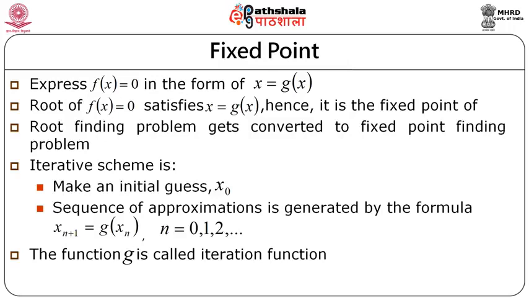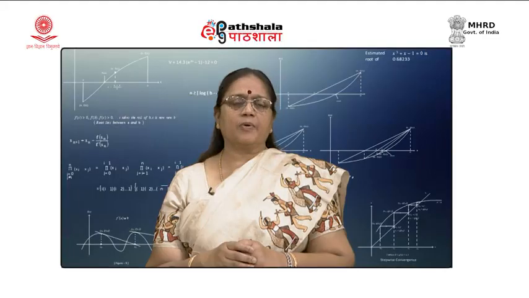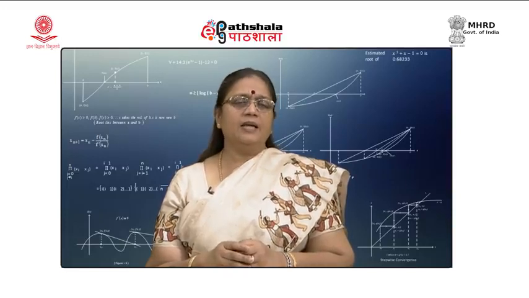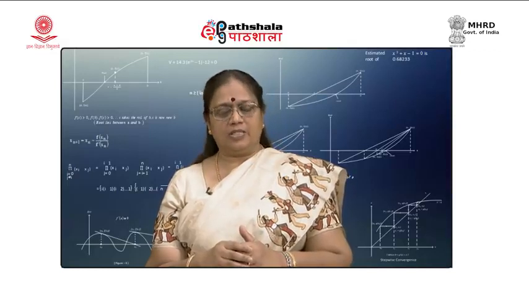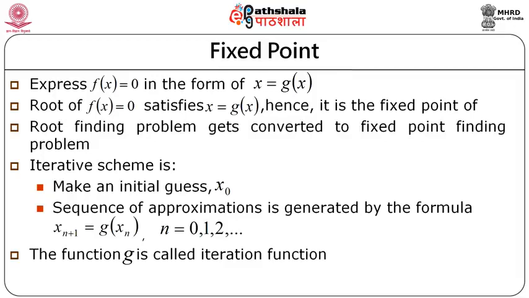So, a function may not have a fixed point, may have a unique fixed point, we will come to that example a little later, or may have more than one fixed point. This method of successive approximation rests upon finding the fixed point of an equation when we express f x equal to 0 in the form x equal to g x.